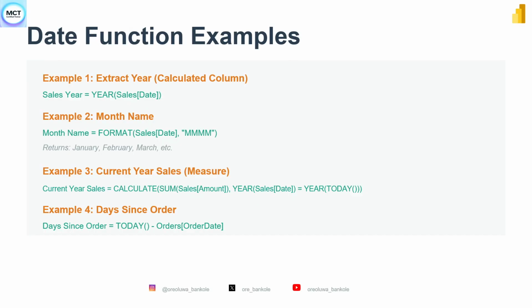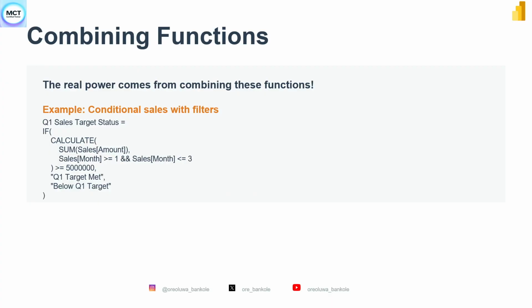Okay. I think already above the hour. So also, like I told you, we can actually also combine all these functions together. Look at this now. The question here is saying they want to do conditional sales with filters. We want to create a sales target status, which says what? We want to calculate. This is an if.